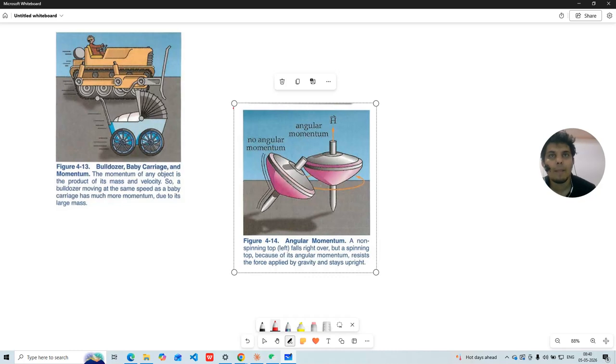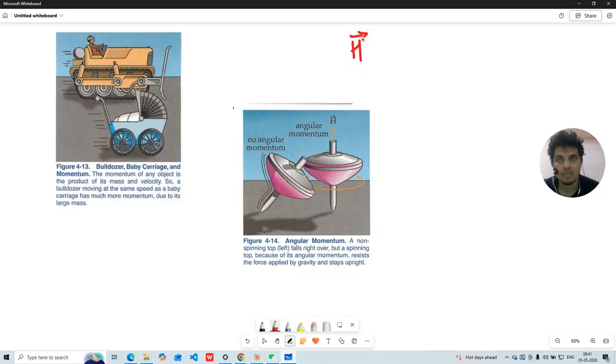Let's consider a simple toy top. If we set up the top, it will fall, but if we spin it fast enough, the top will seem to defy gravity. A spinning object tends to resist change in the direction and rate of spin, like the toy top shown in the figure, just as an object moving in a straight line resists changes to its speed and direction of motion. Angular momentum is denoted by h.